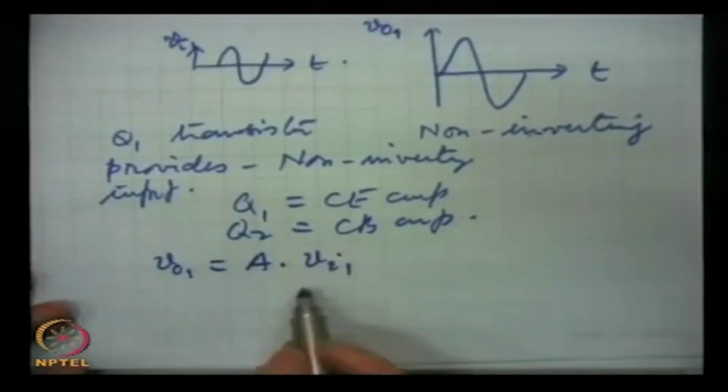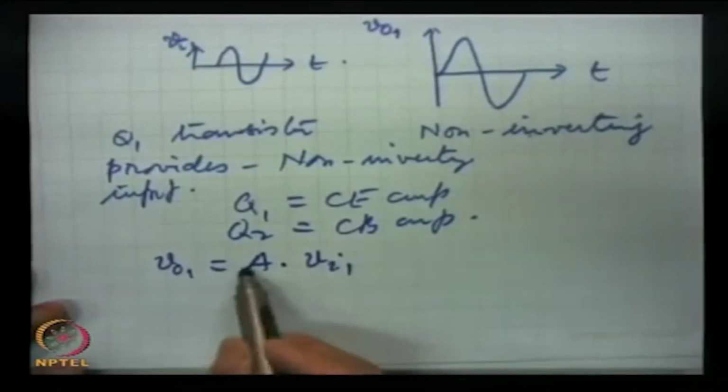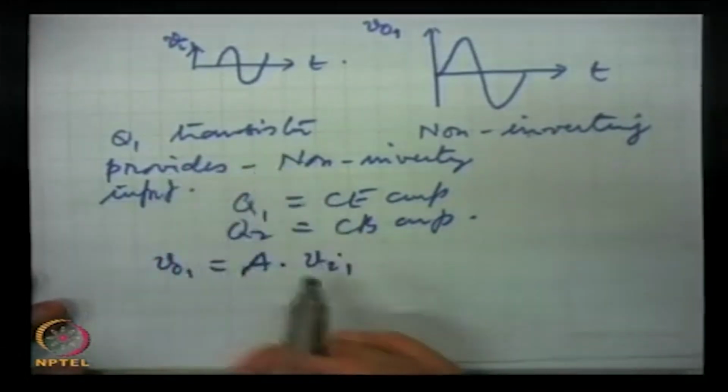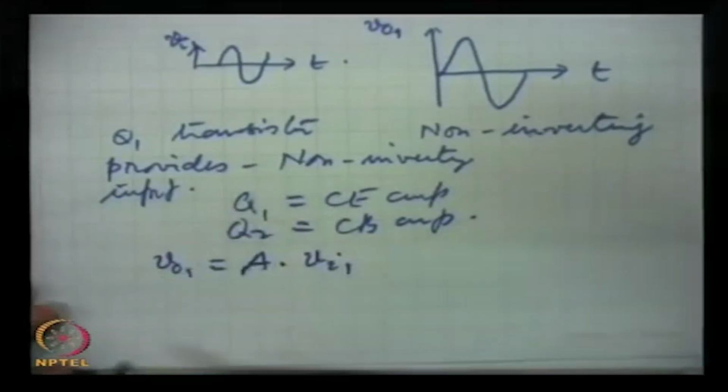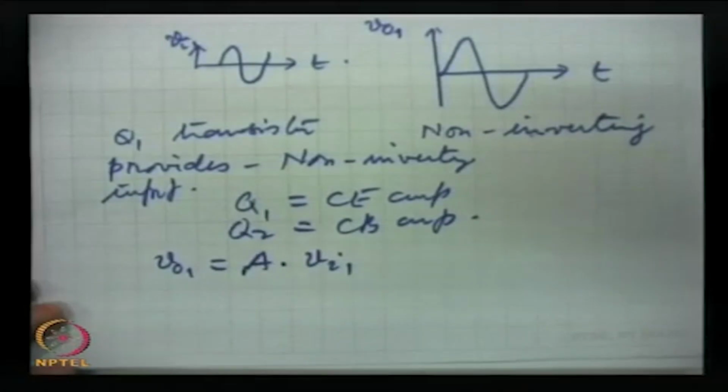It is the general expression for the voltage gain, where A is the voltage gain of the amplifier. Now, how much is that? It is very simple because we have done it in the analysis of small signal BJT amplifiers.